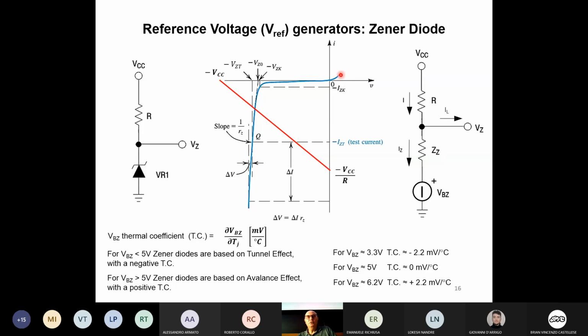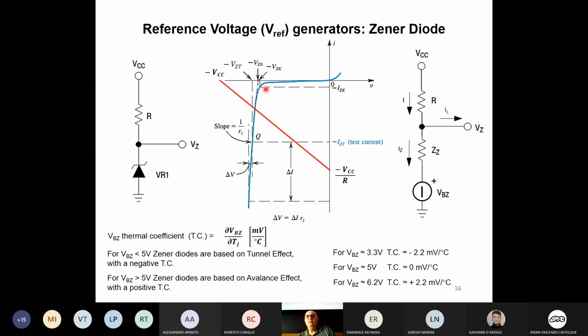But we are going to use a Zener diode in this part, in reverse biasing. So what happens is that if we increase the reverse bias up to a certain voltage, the current is almost zero. After we overtake the VZ0 like this, there is an abrupt increase in the reverse current.